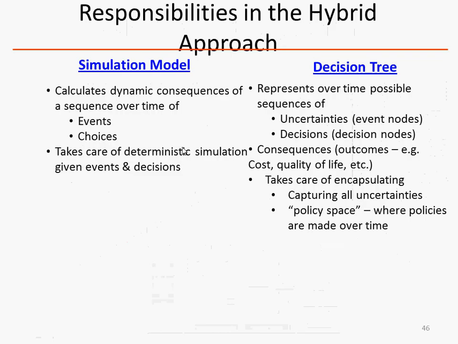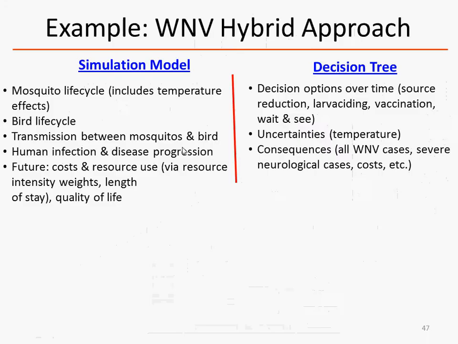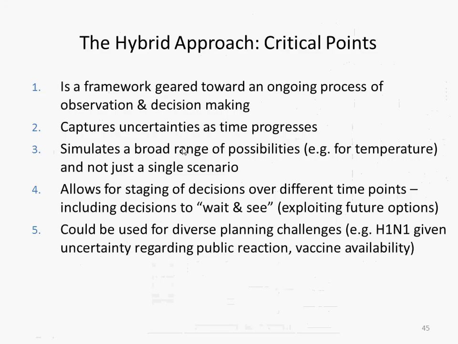Okay, so let's talk about this hybrid approach. The hybrid approach is aimed at an ongoing process of observation and decision making. It captures these uncertainties in the decision tree, and it simulates a broad range of possible futures, say possible temperature variation over the course of the summer, not just a single scenario.